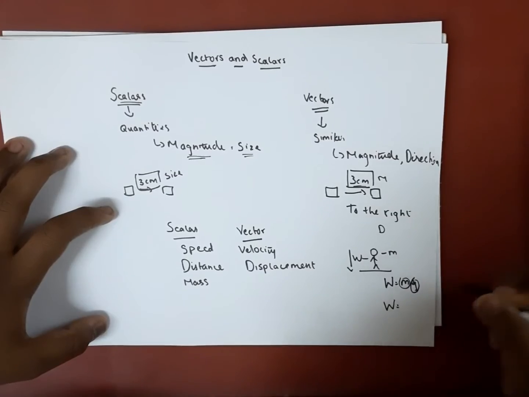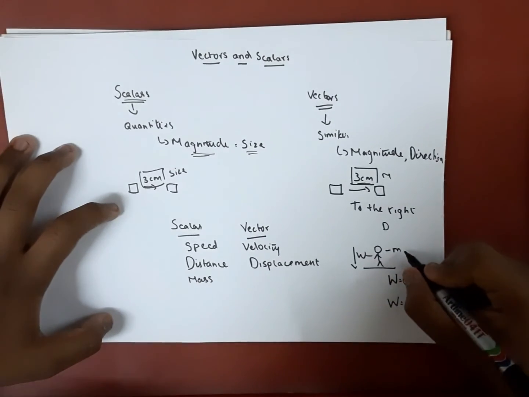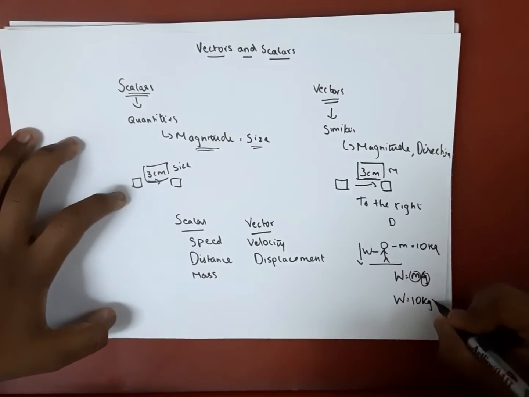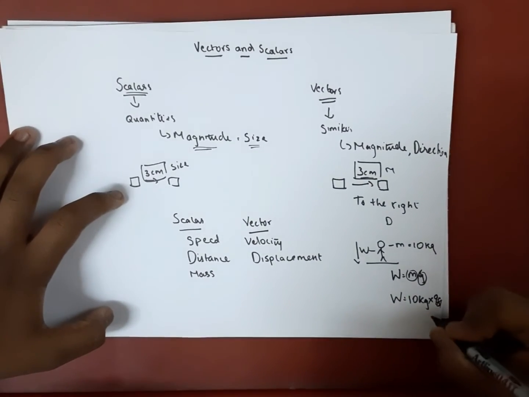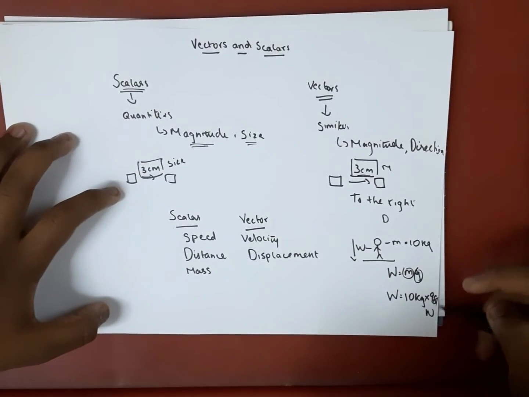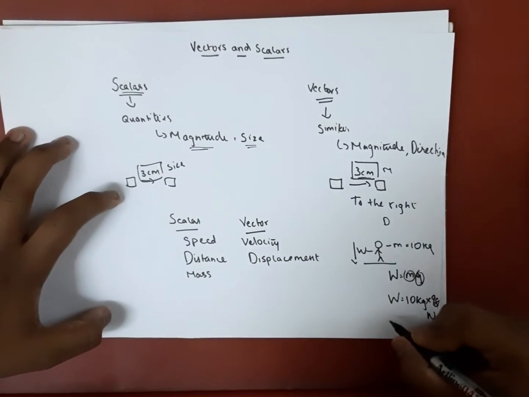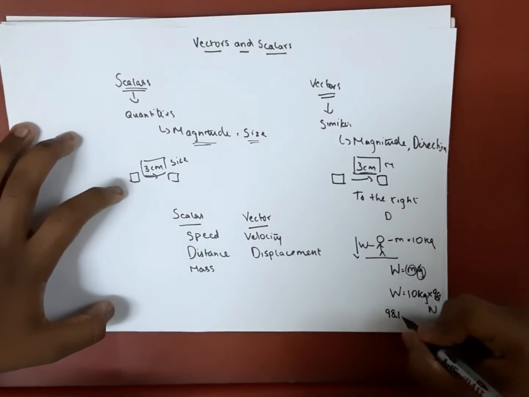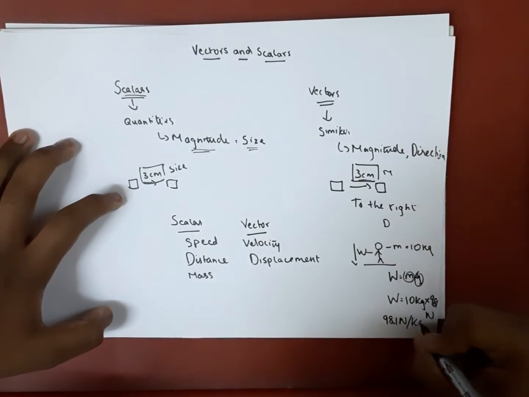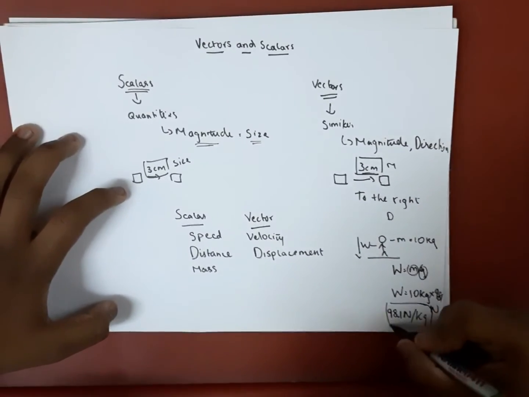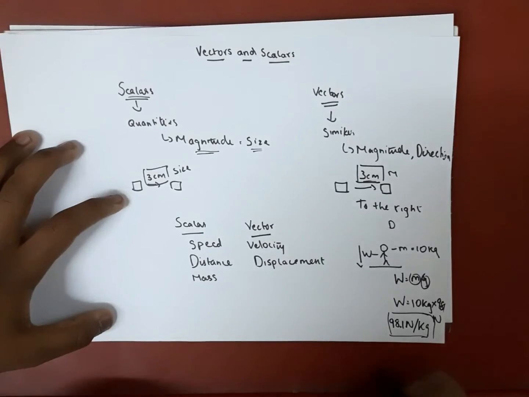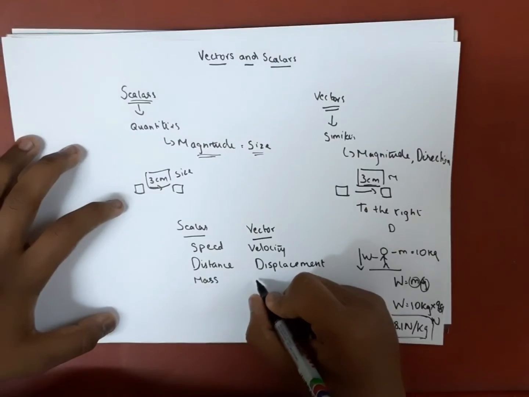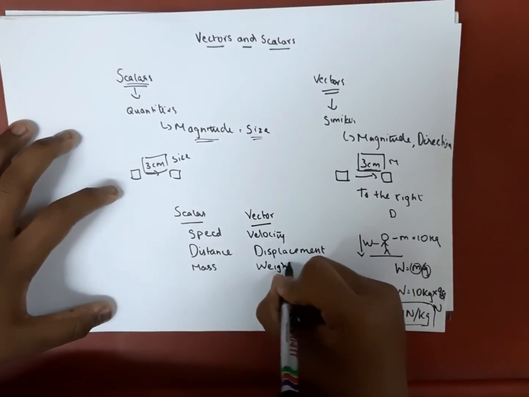So W is equal to, if say his mass is just 10 kg, 10 kg times 9.81 newtons per kilogram, since the gravitational field strength is 9.81 newtons per kilogram, and you're going to have 98.1 newtons as your weight. Okay. So now, according to this, we can see the weight has a direction of down. So weight is considered to be a vector quantity.